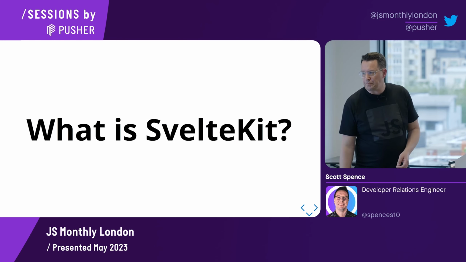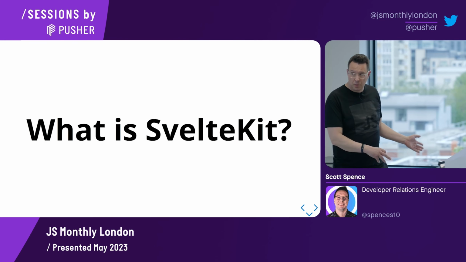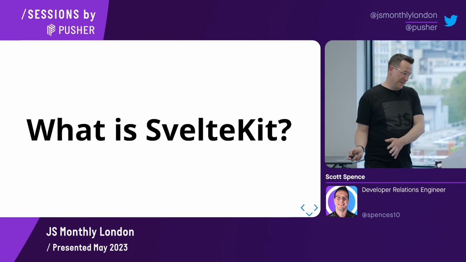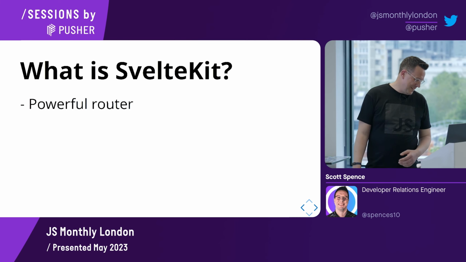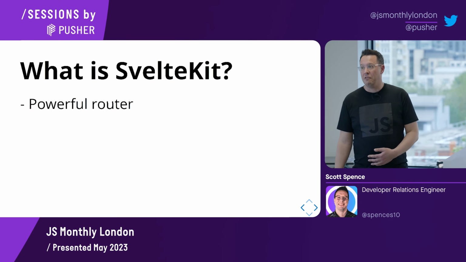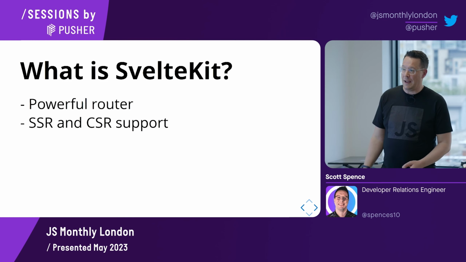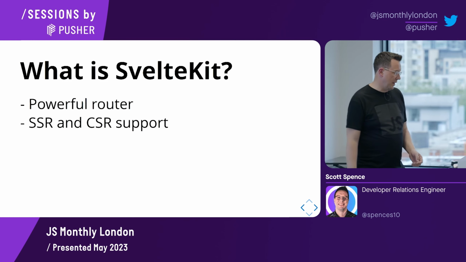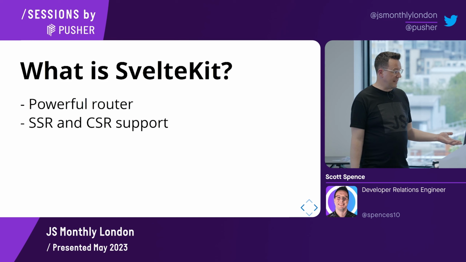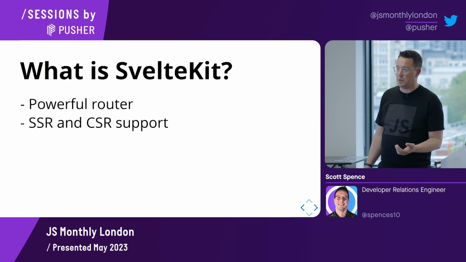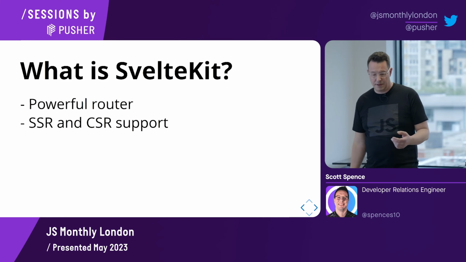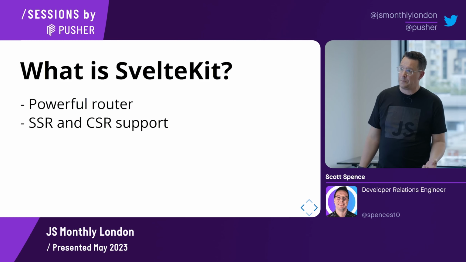Okay, so we've gone over the primer for Svelte. Let's talk about SvelteKit. SvelteKit offers a really powerful router. Server-side and client-side support, client-side and server-side both by default. They're both configurable via variables in the config files in SvelteKit.